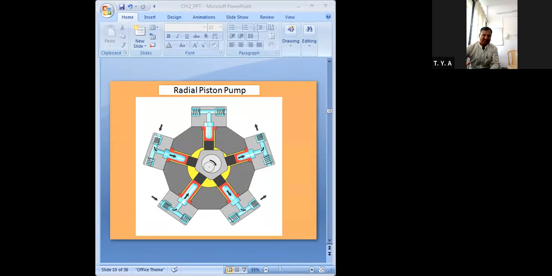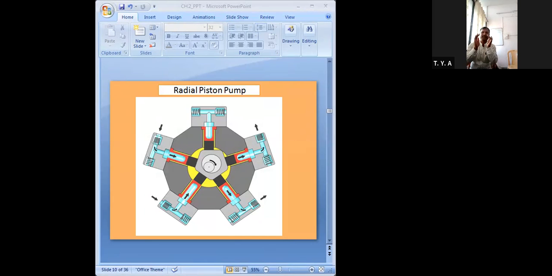This is the cylinder block, and these are the pistons 1, 2, 3, 4, 5. At the center you will get the eccentric cam, and this eccentric cam is stationary. Around it all the pistons revolve.